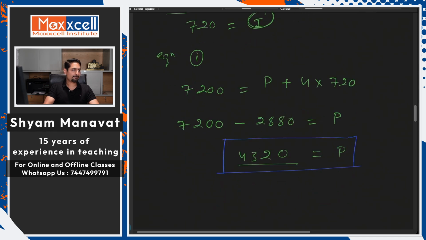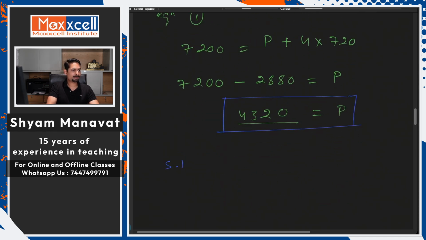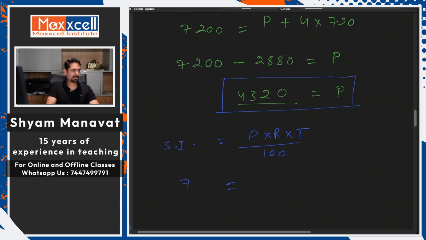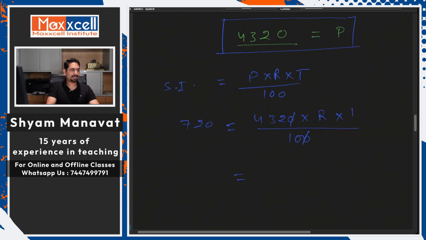So if I apply the formula, simple interest equal to PRT by 100, 720 is the interest for 1 year, and 4320 is the principal. The rate of interest we need to find out, on the time 1 year, because 720 is the interest for 1 year, divided by 100. Cancel zeros and take the values to the other side.